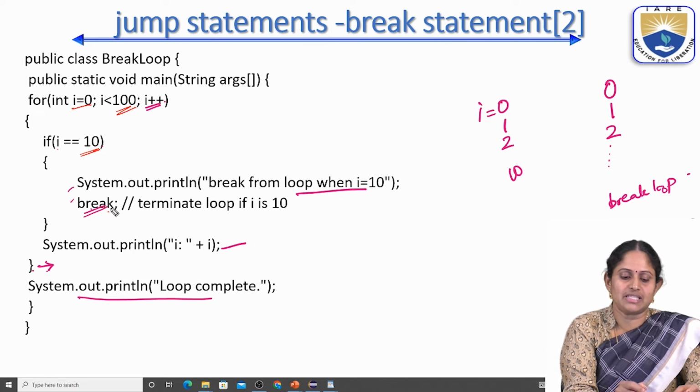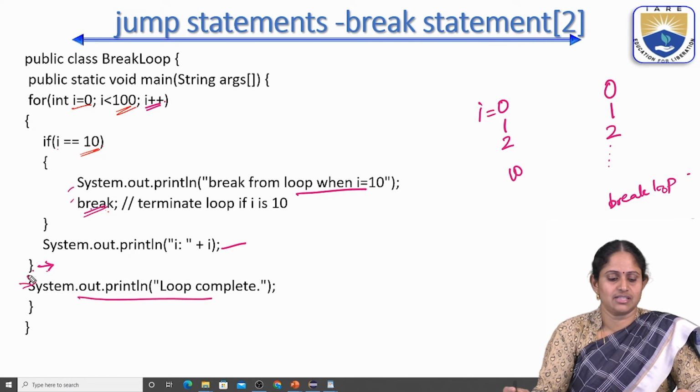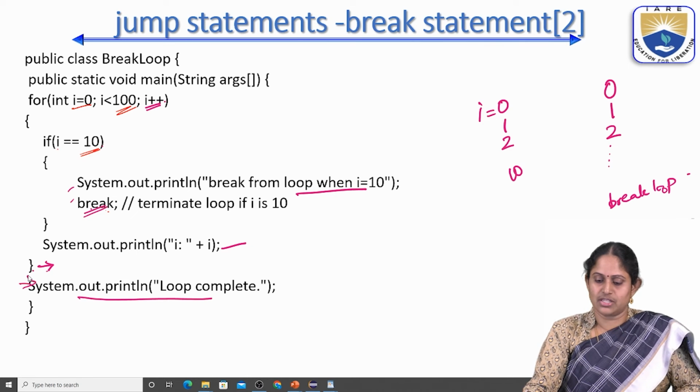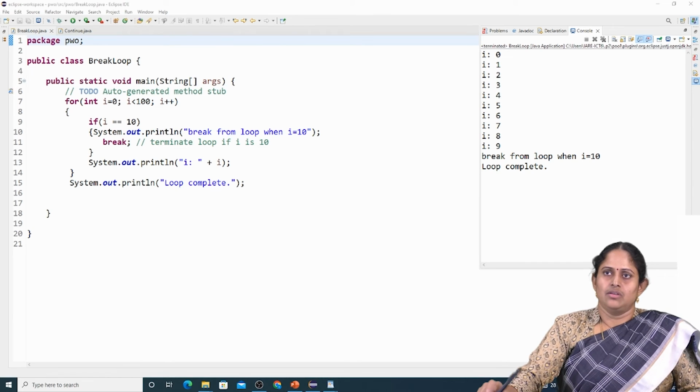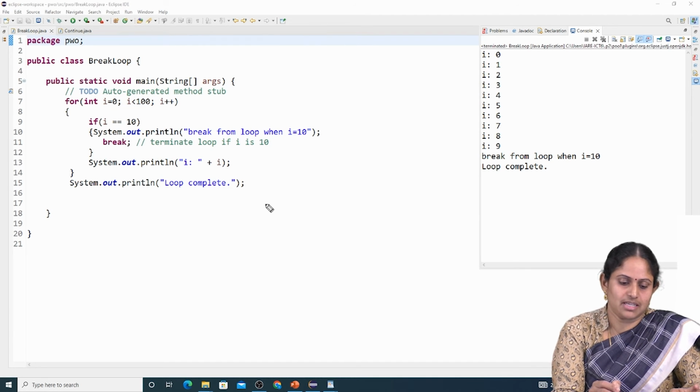Whenever a break statement is encountered inside the loop, the control of execution will come outside that particular loop. So here it will reach this point. Let's look into the example. Here we have the example of a break statement.